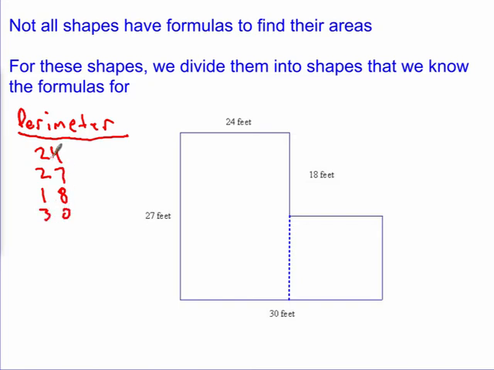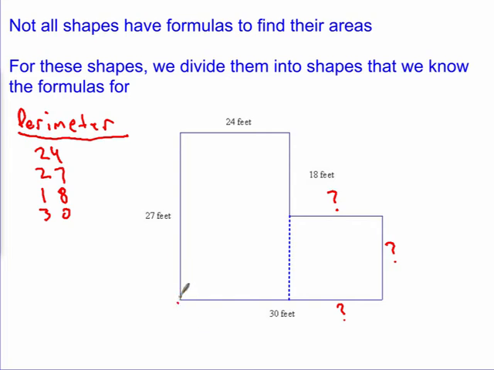So in order to find the perimeter, I need to add up all the sides. But I have 3 sides, 1, 2, 3, that I don't know the lengths of yet. In order to find the perimeter and also to find the area, I'm going to have to find out what these side lengths are. So let's think about how we can do this.